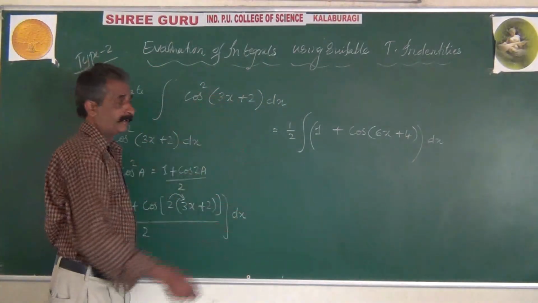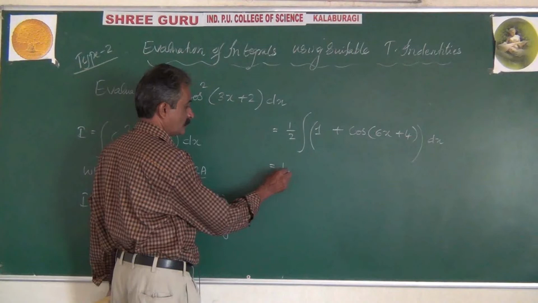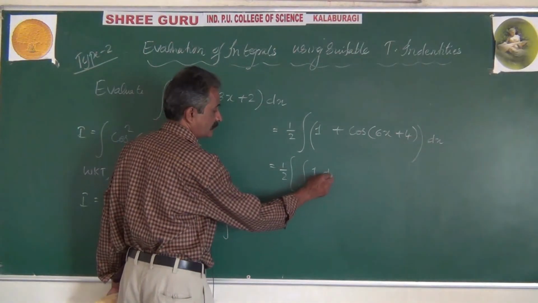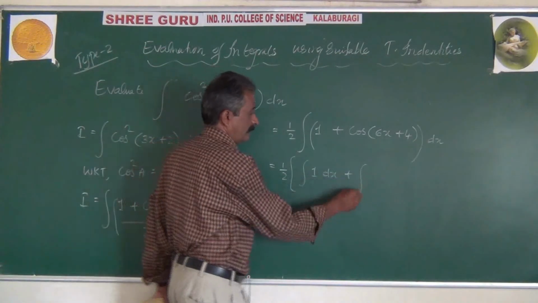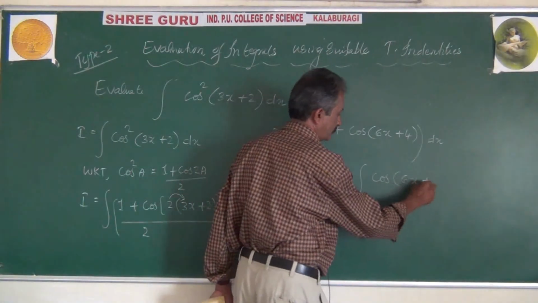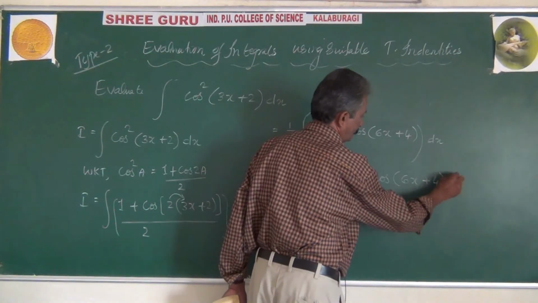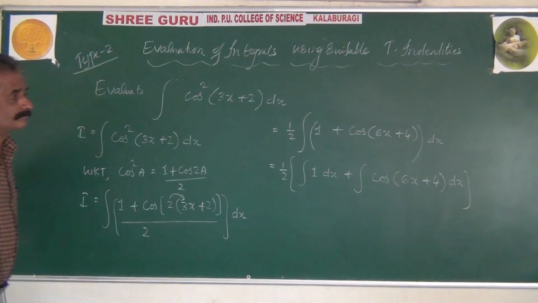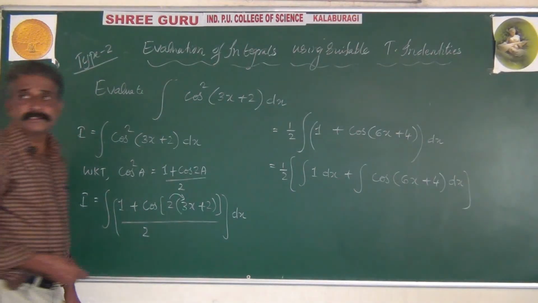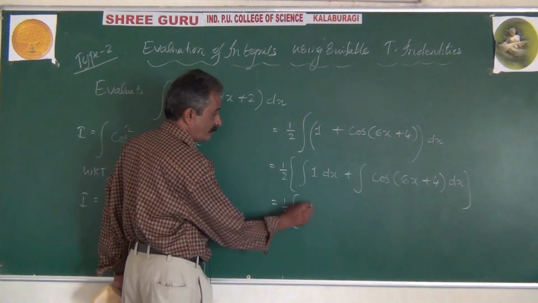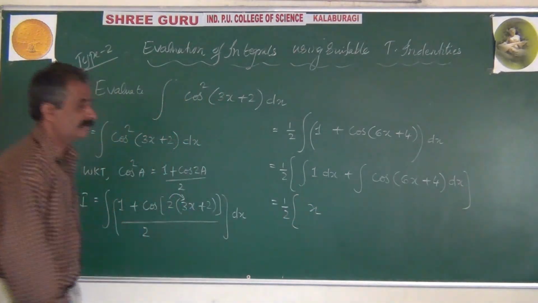Now we split the integration: 1 by 2 into first the integration of 1 dx plus second the integration of cos(6x plus 4) dx. Apply the suitable integration formula. What is the integration of 1 dx? x.